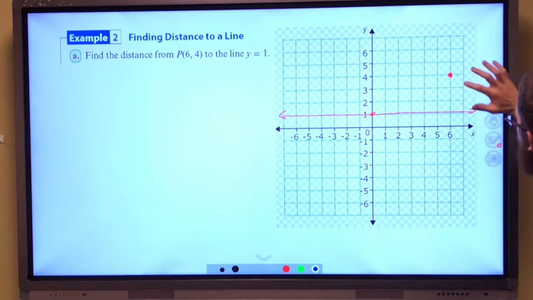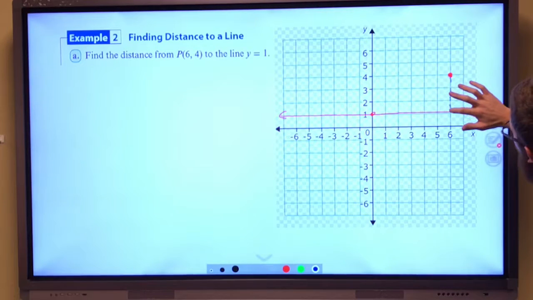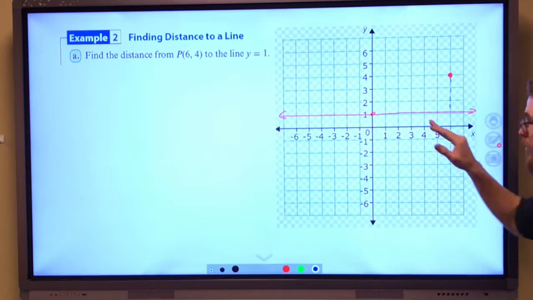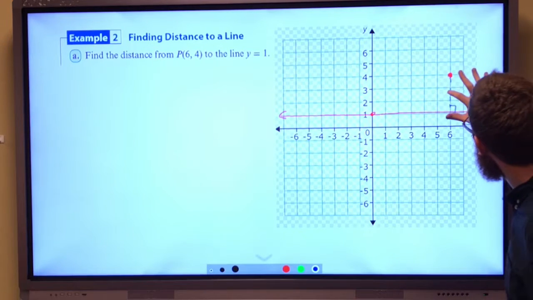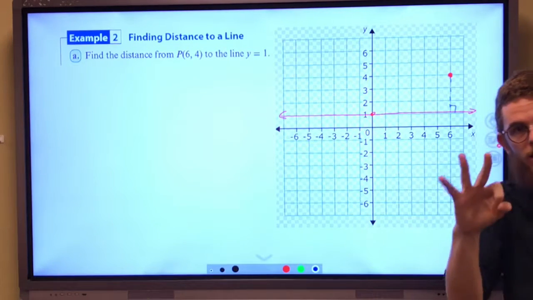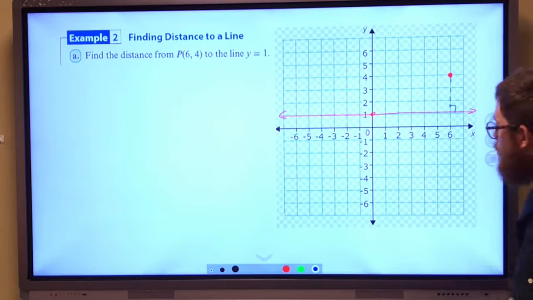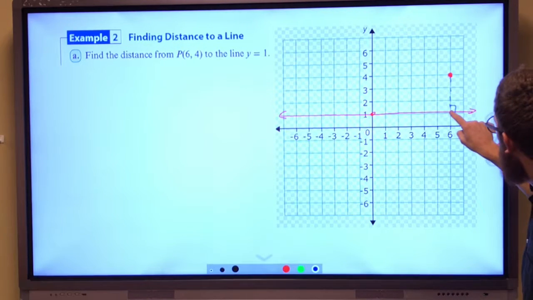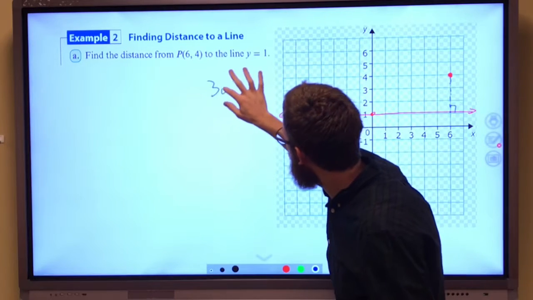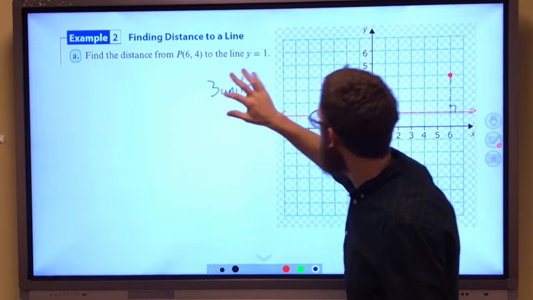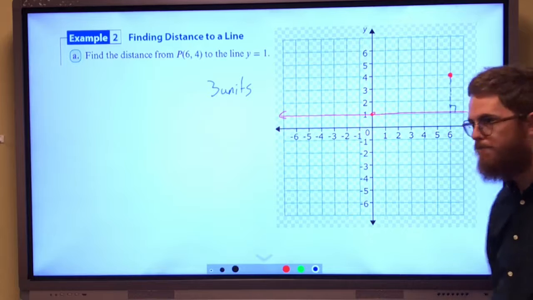Well, we know it's going to be perpendicular. Perpendicular to a horizontal line is a vertical line, so that is going to be our perpendicular segment, and there's 1, 2, 3 units between that line and that point. 1, 2, 3 units. That is the distance. 3 units on our coordinate plane.